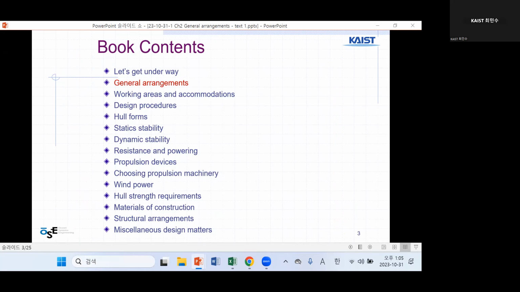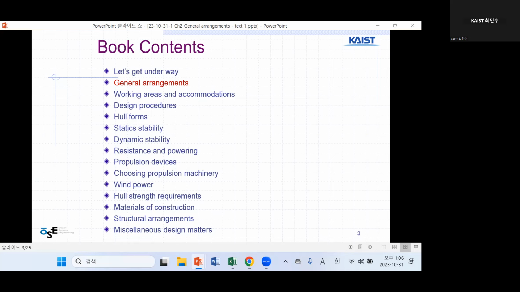And stability. One is static, the other one is dynamic stability. And resistance and power, the engine side. How would you fix the engine side while you are designing? And propulsion device, the propeller, and then machinery. So it is related to this.